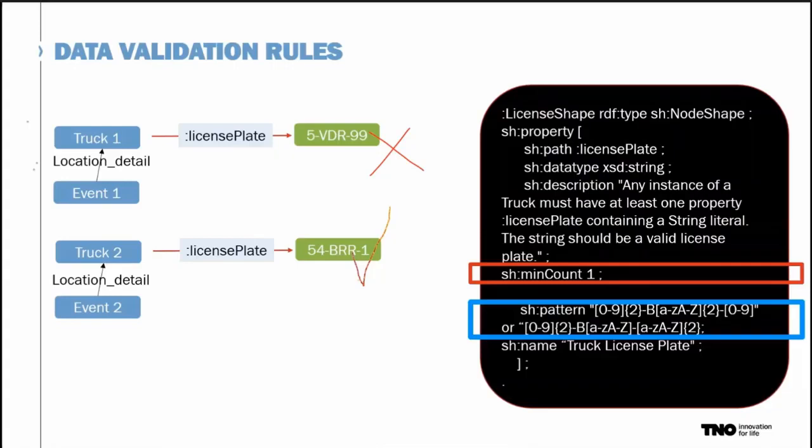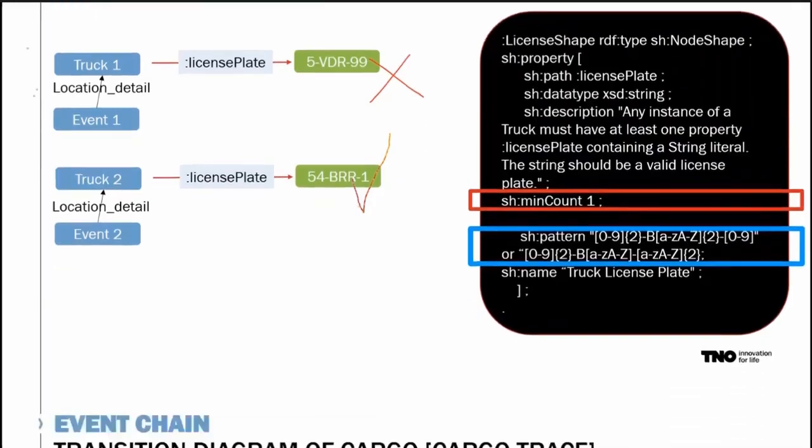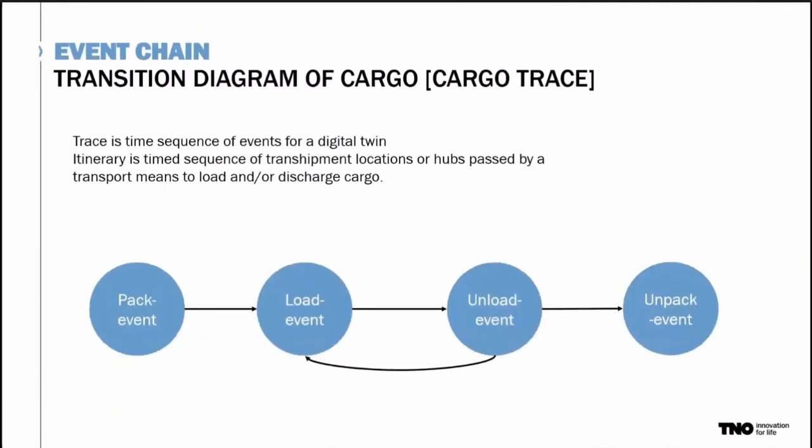Now, before I wrap up the presentation, I want to zoom out a bit and see how the event can also play a role in the whole use case, beyond just registering events on the ledger. And for that, we gave this overview of a cargo trace.